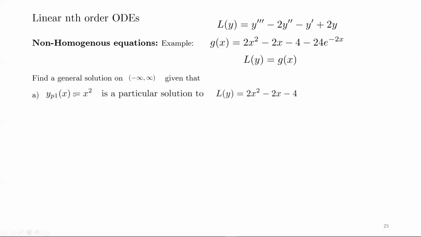Okay, well, I'm going to tell you a few facts here that we can't calculate ourselves yet, but in future classes we're going to learn how to find these particular solutions. I'm going to let you know that yp1 equals x squared is a particular solution for this first part of g, 2x squared minus 2x minus 4.